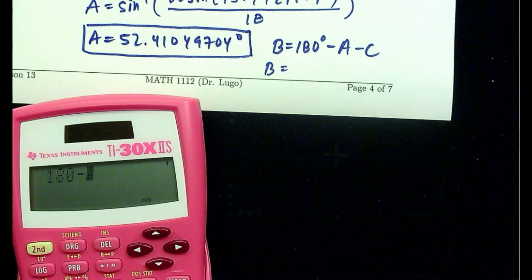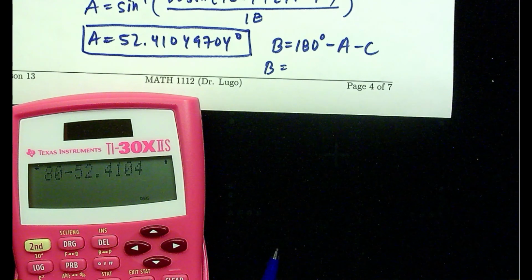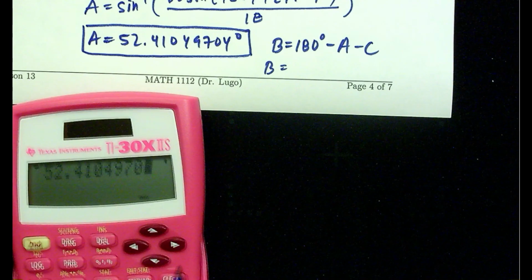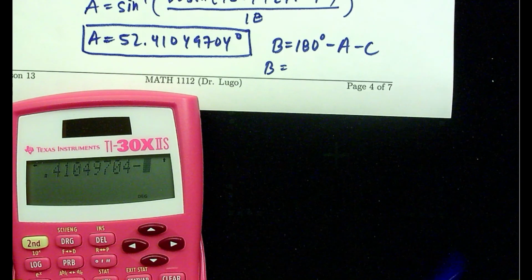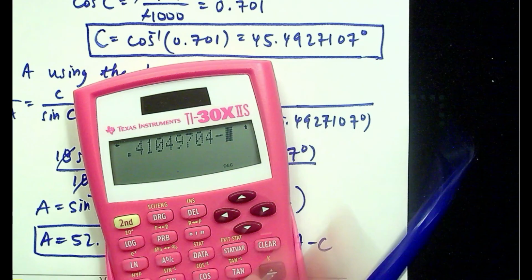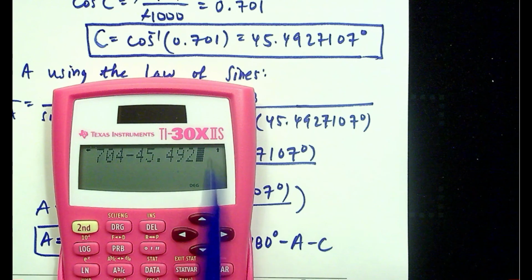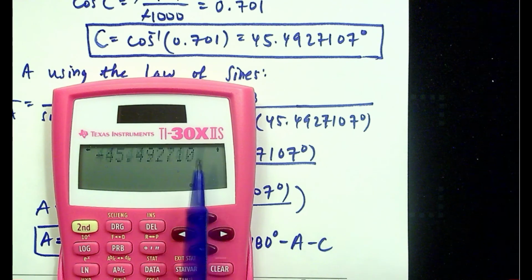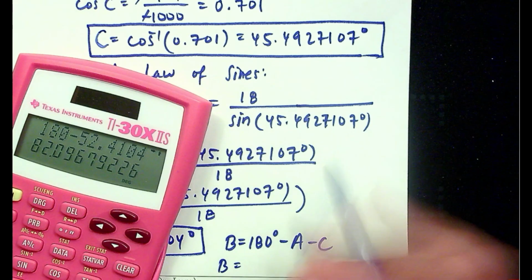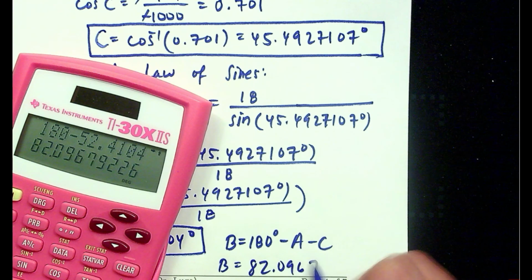So minus 52.4104 minus C, which is that, 45.4927107. Okay, so we got 82.09679226 degrees.